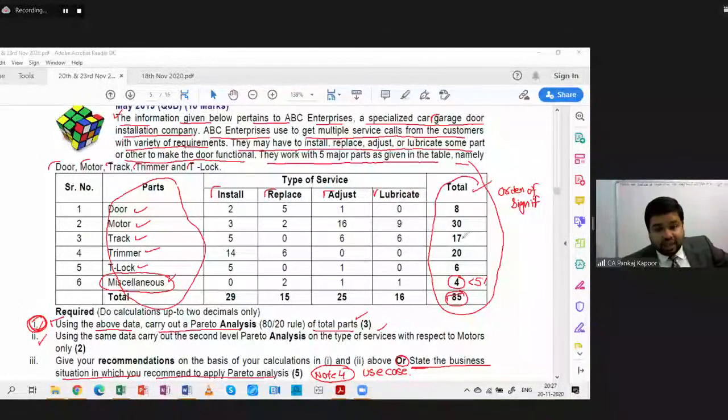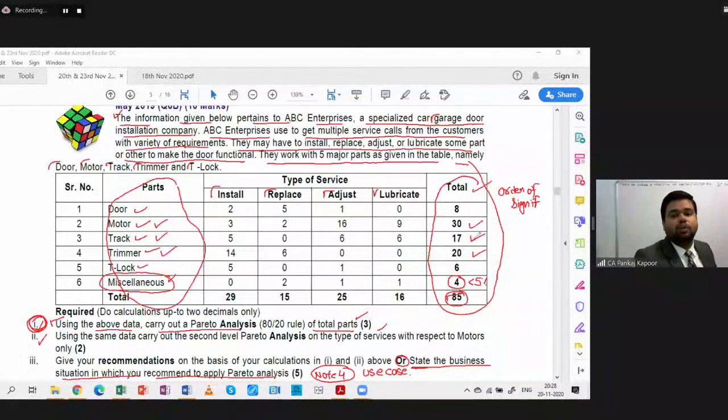So this data is given to me. The number of cases where I need to work on the motor is 30 instances. The number of cases where I need to work on the trimmer is 20 instances. The number of cases where we need to work on the track is 17 instances. Agreed? Hence, friends, we need to put it in the order of significance.